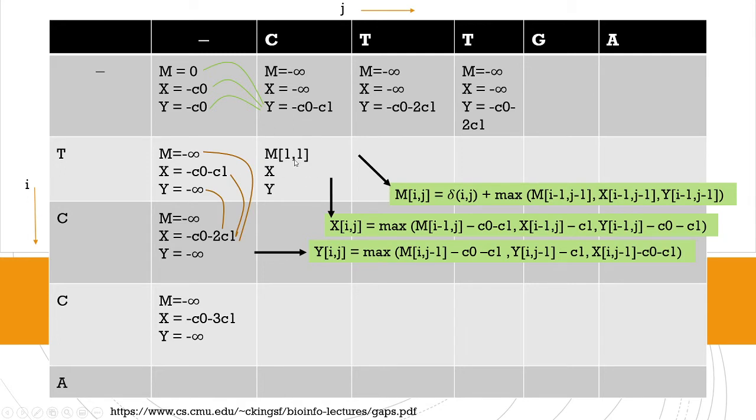For any given box, the answer is really the best of these three. But when you derive these values from the previous boxes, you have to remember all three values. You cannot skip any value because what you add to them is not the same.